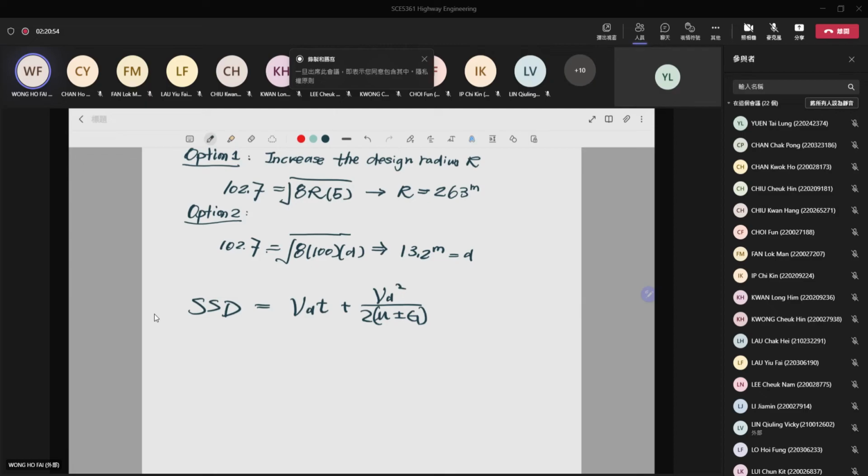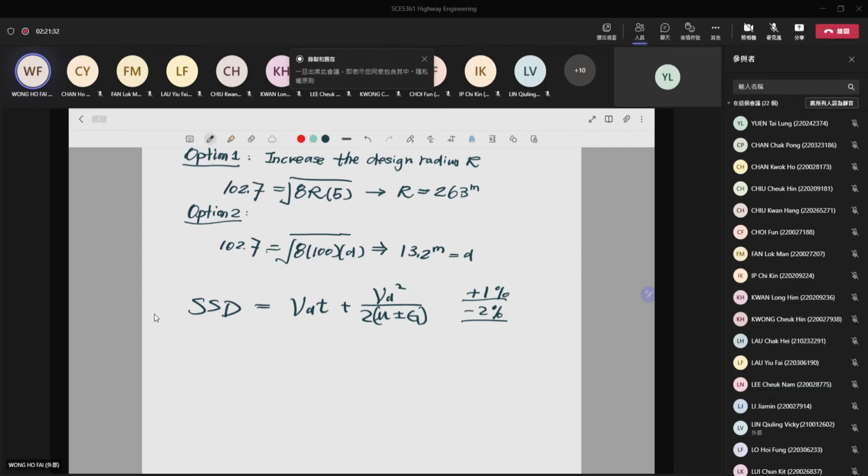Do you agree? Now you have one gradient going up the hill, and one gradient going down the hill. For a more conservative design, which one will you use for your gradient? You have plus 1%, and then you have negative 2%. So which one will you consider when you have your design?